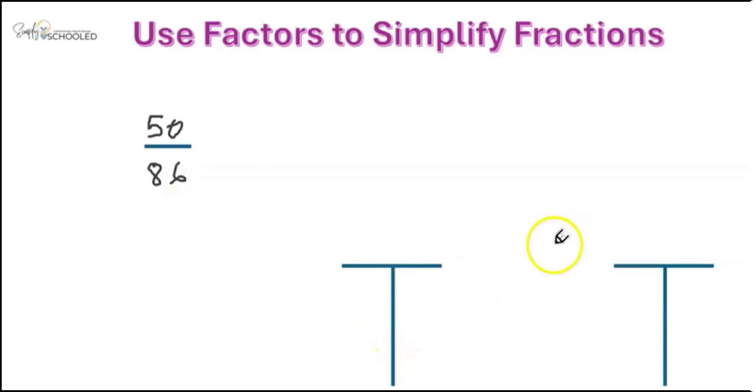Well, what you would want to do to simplify a number like this is, first of all, you could figure out by using these t-squares all the factors of 50 and all the factors of 86. But one way to do it a lot faster is at least start with what you know. These are both even numbers, so you know that 2 is a factor of both of them.